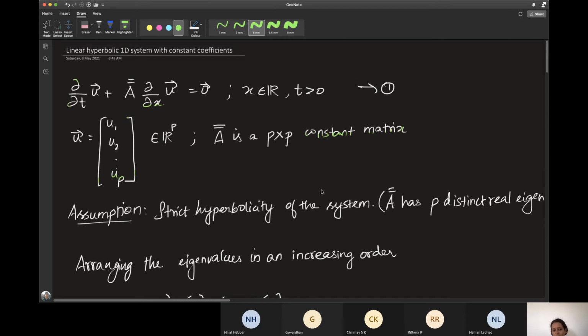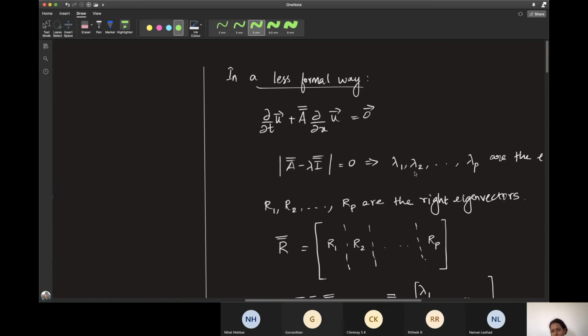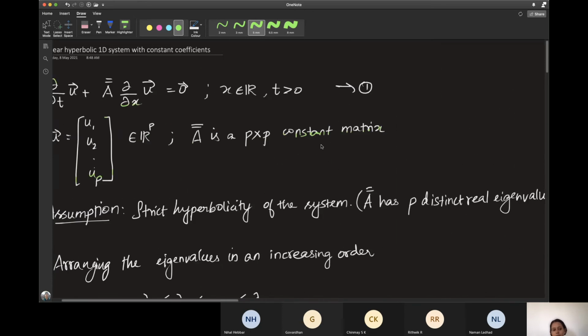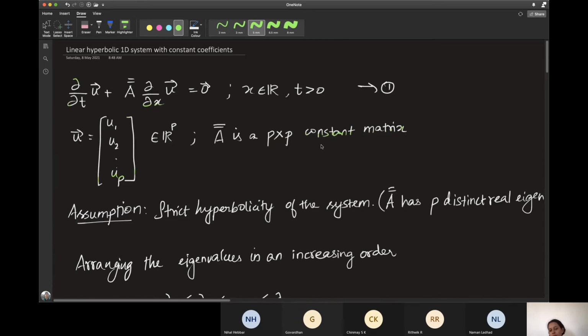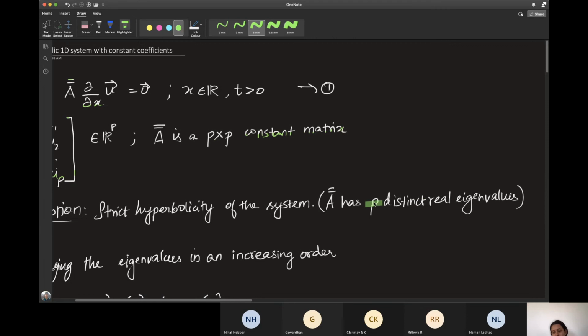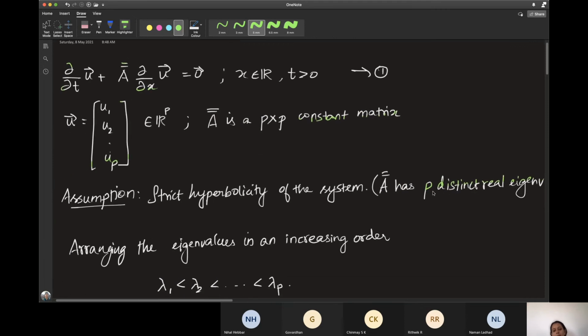I'm giving it formally first, and then I'll treat it less formally next. And then we'll go on to seeing the Riemann problem, which comes as an example for this system. Now we say that this system of equations is strictly hyperbolic, which means that this matrix A has p distinct real eigenvalues.